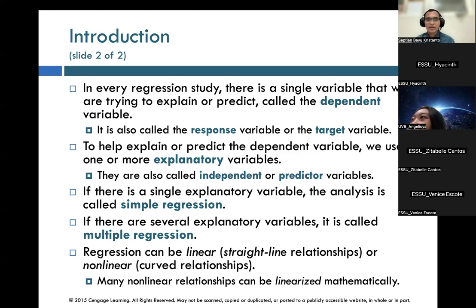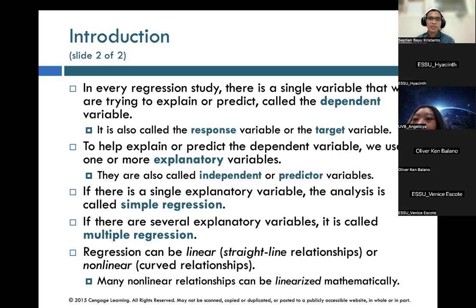The dependent variable has other terms; we also call it the response variable or the target variable. This variable is predicted with another factor or several factors. These factors are called independent variables or explanatory variables.